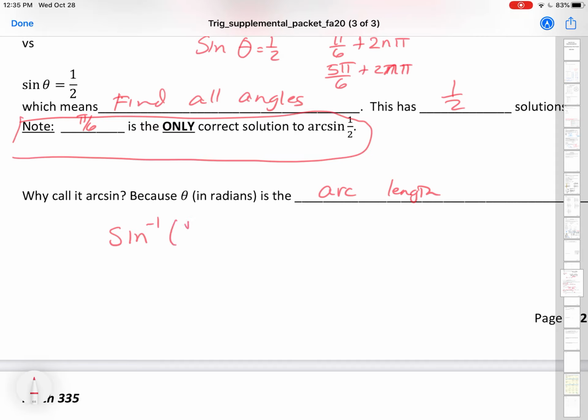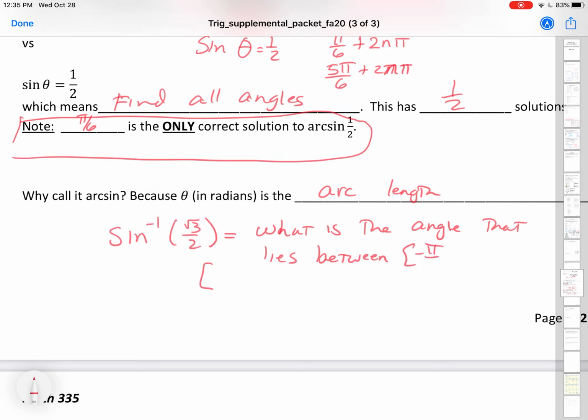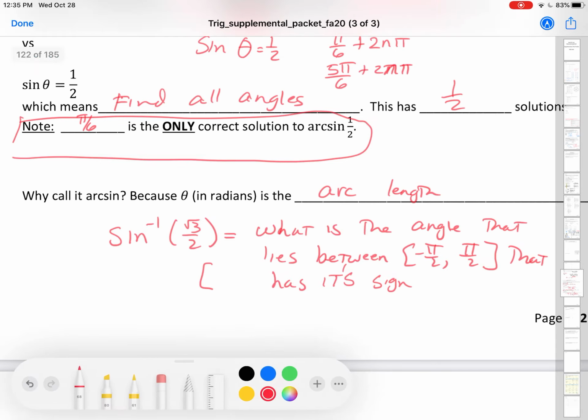Sine inverse of root 3 over 2. So what we're looking for is asking, equivalently: what is the angle that lies between negative pi over 2 and pi over 2 whose sine is root 3 over 2?